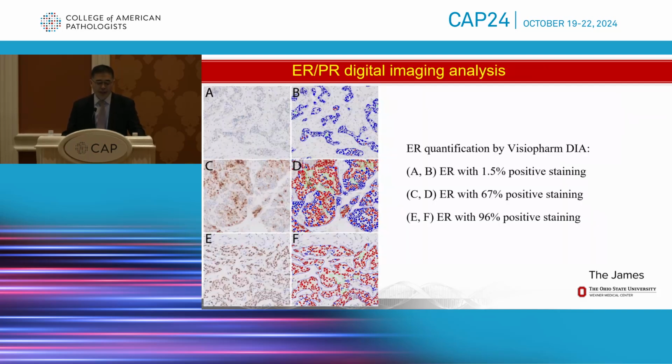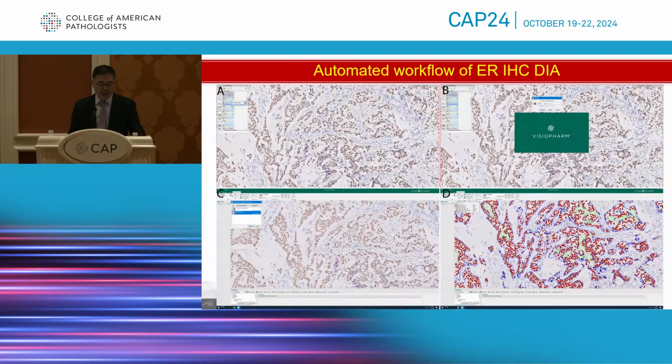Similarly, you can use AI tools to quantify ER, PR, and Ki-67. Here is an example of quantification of ER IHC, a similar process, but there are many other tools or algorithms out there. I just use this as an example to run the ER imaging analysis here.